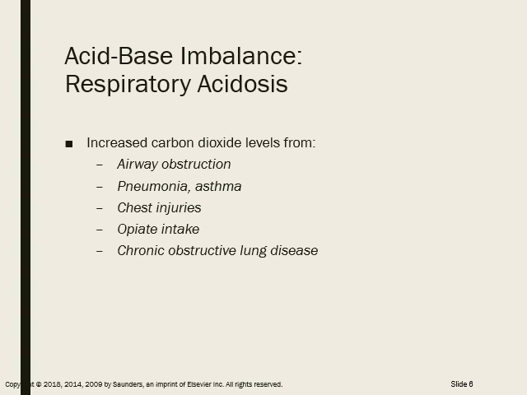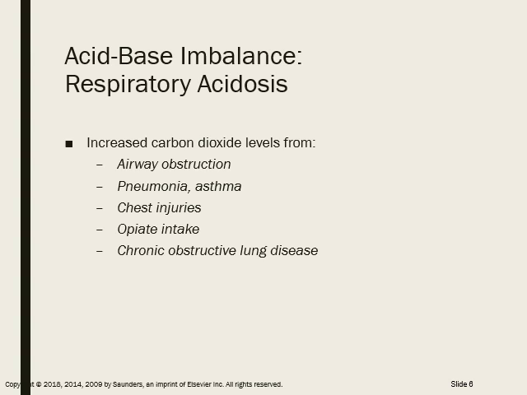Let's review acid-base imbalances. There are 4 types of acid-base imbalance. This is demonstrated to you in your textbook on page 448, table 25.5. Please refer to this table. An increase in hydrogen ions results in acidosis, which is a decrease in pH.